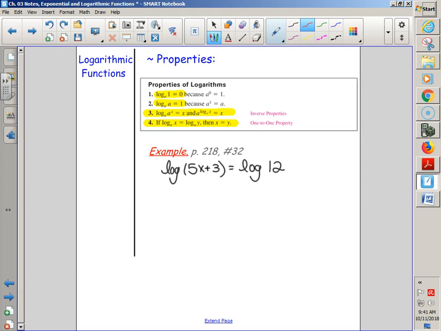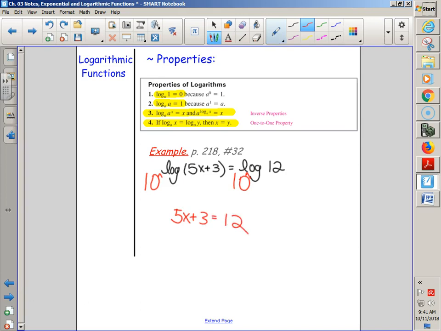One way is to ask what's the base, and the base is 10, so you can do 10 to both sides. Is that going to be helpful for both sides? Yeah, so 10 to the power of this side and 10 to the power of that side. I do the little powers because otherwise it gets confusing sometimes. But with 10 to the power of both sides, we end up with 5x plus 3 is equal to 12.